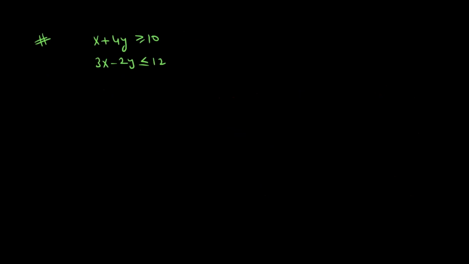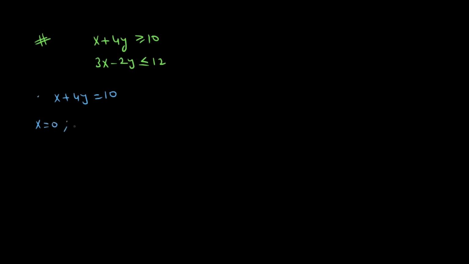Let's talk about the next one. Once again, we have to first graph the equations, and then we have to talk about the regions of the inequations. So x plus 4y is equal to 10. Let's find out the 2 points first.